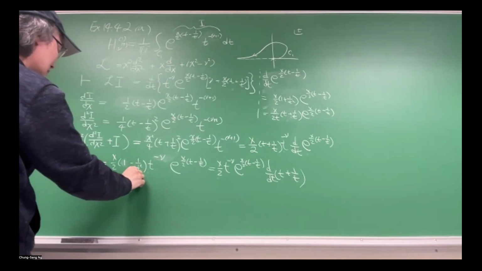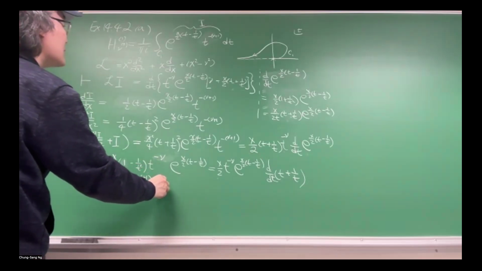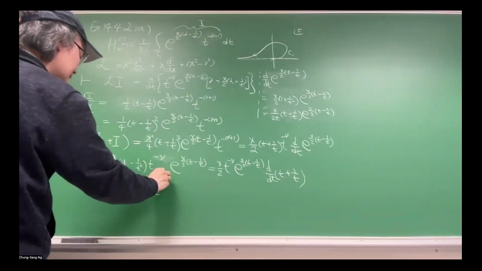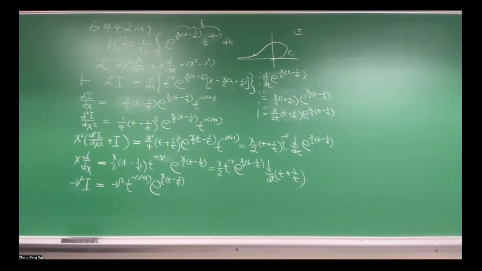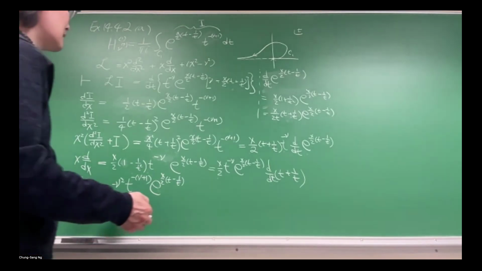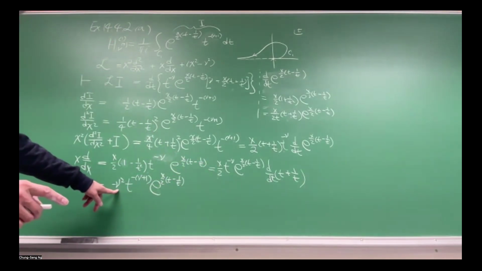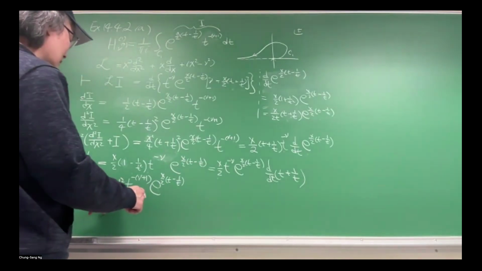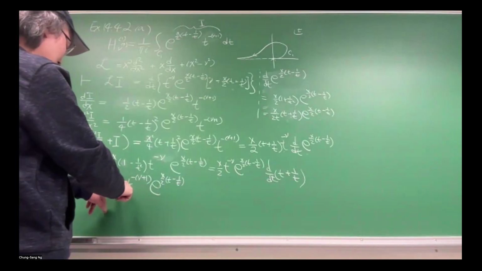And you have t to the minus mu plus 1, and the exponential function. And you want to make it a derivative also, but this is nu square. You actually want to get a nu, but you can get a nu out by just taking a derivative.